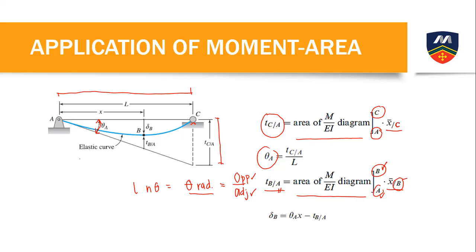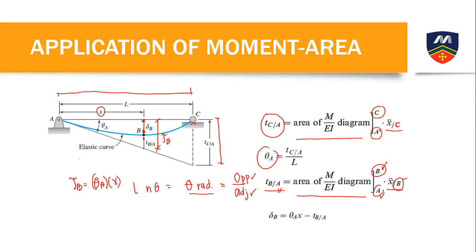Okay? So, are you going to compute our deflection at point B in this one? You just get this height, which is our deviation of B. How are you going to get that height? Theta A multiplied by the distance x, just like in the diagram.